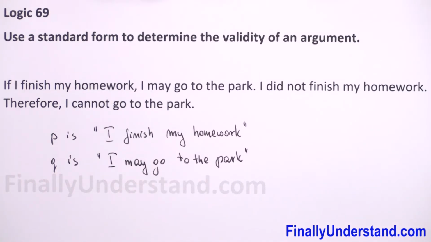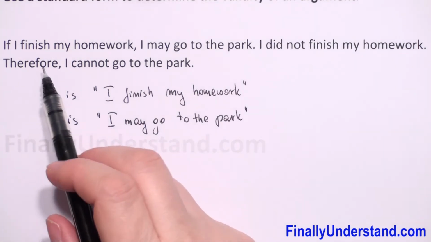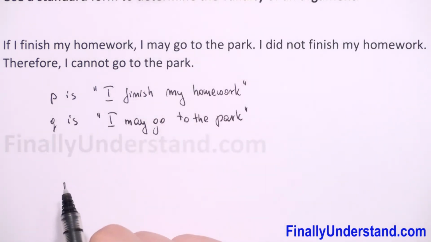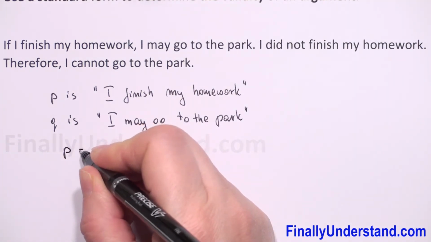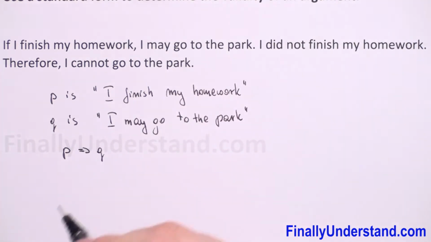So now we can rewrite our argument in symbolic form. We have if I finish my homework, I may go to the park. So we have here a conditional statement, P implies Q. This is our first premise.